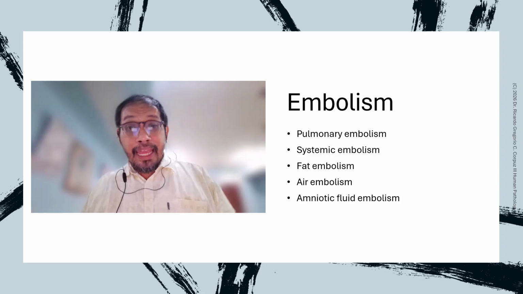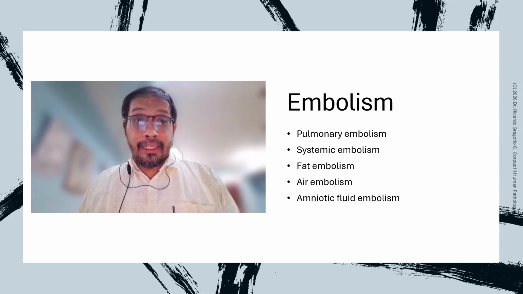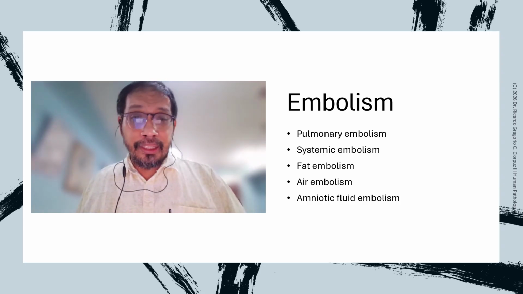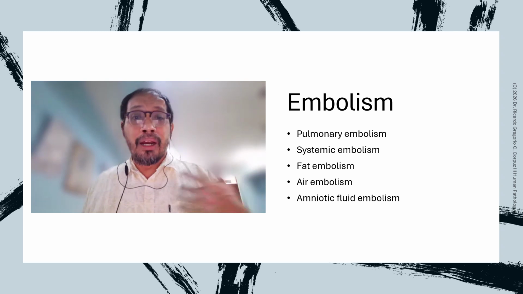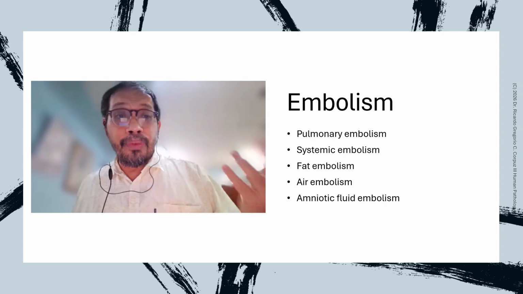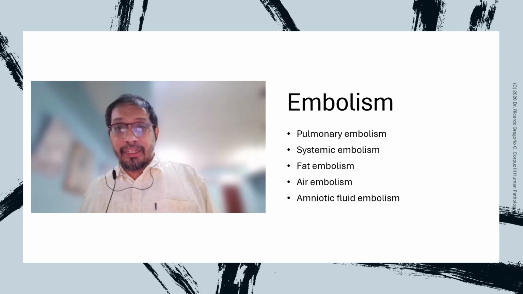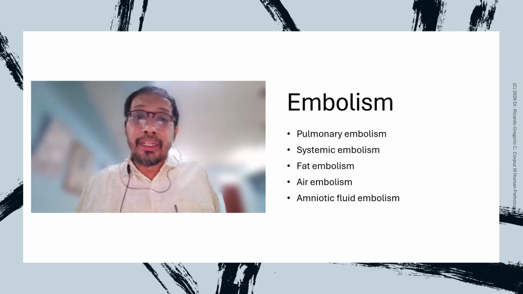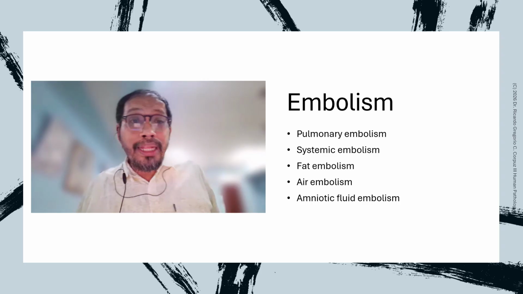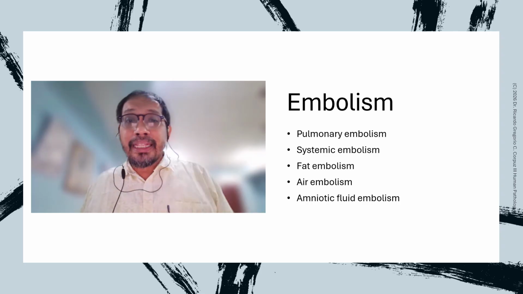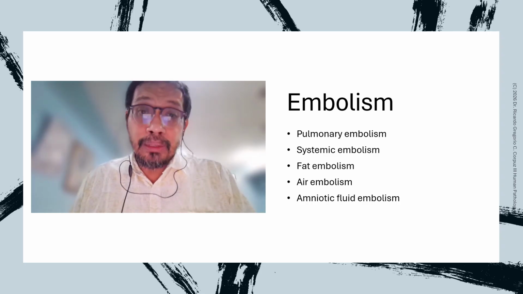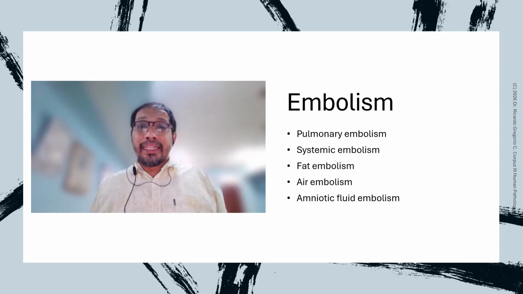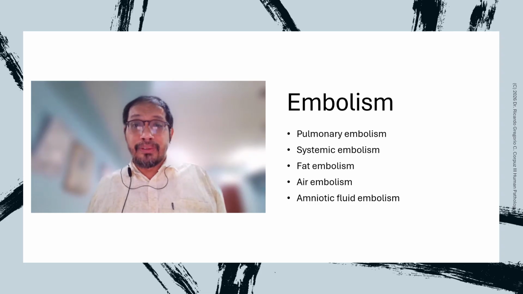Next is systemic emboli or organ infarction. Systemic arterial emboli usually arise from the heart, especially in the setting of mural thrombi after myocardial infarction, atrial fibrillation, or valvular disease. So once in the arterial circulation, these emboli travel to the organs with high blood flow. The brain is the most common target, where embolic occlusion produces ischemic stroke.